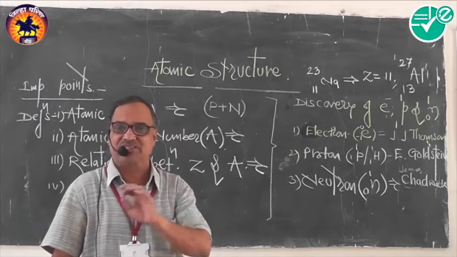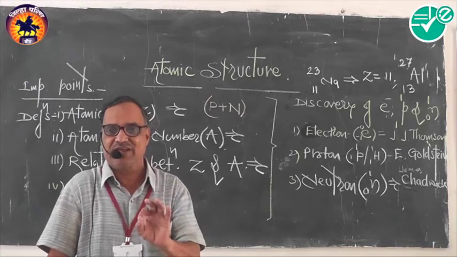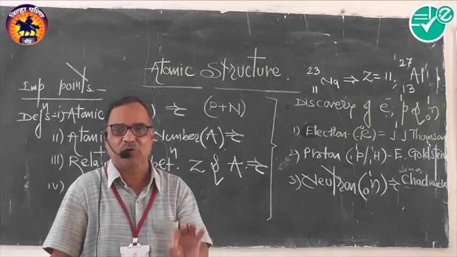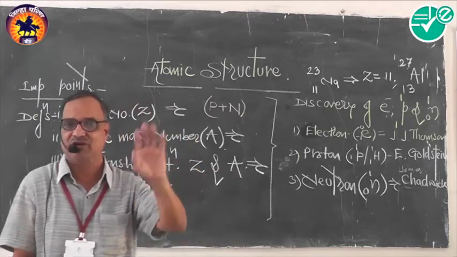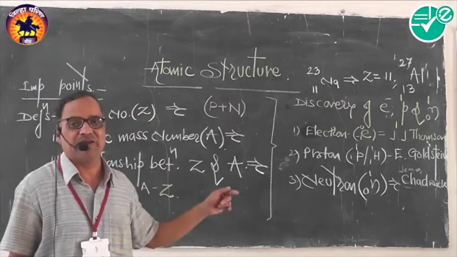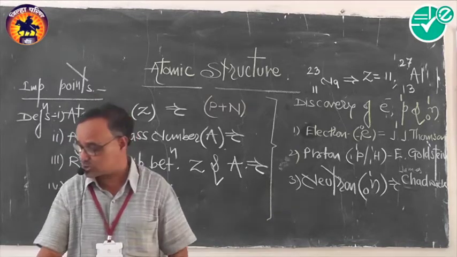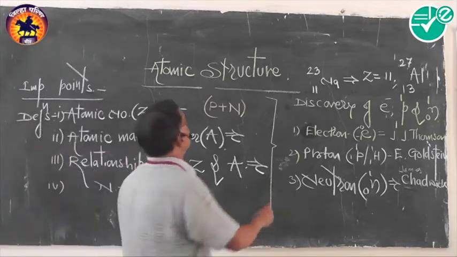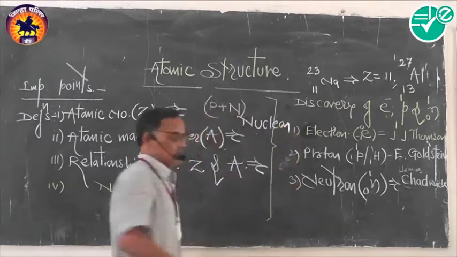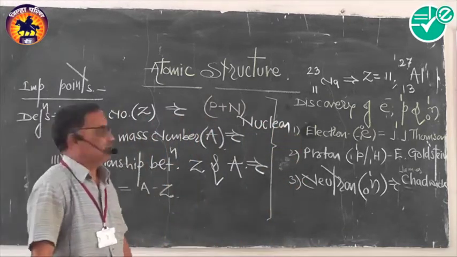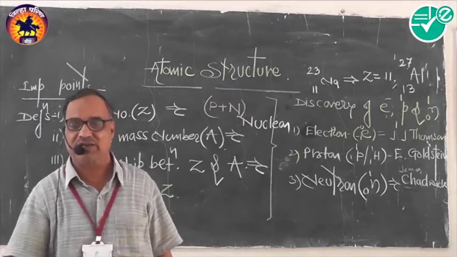This sum of protons and neutrons is also called a nucleon. A word which is used for the sum of proton and neutron is called a nucleon.